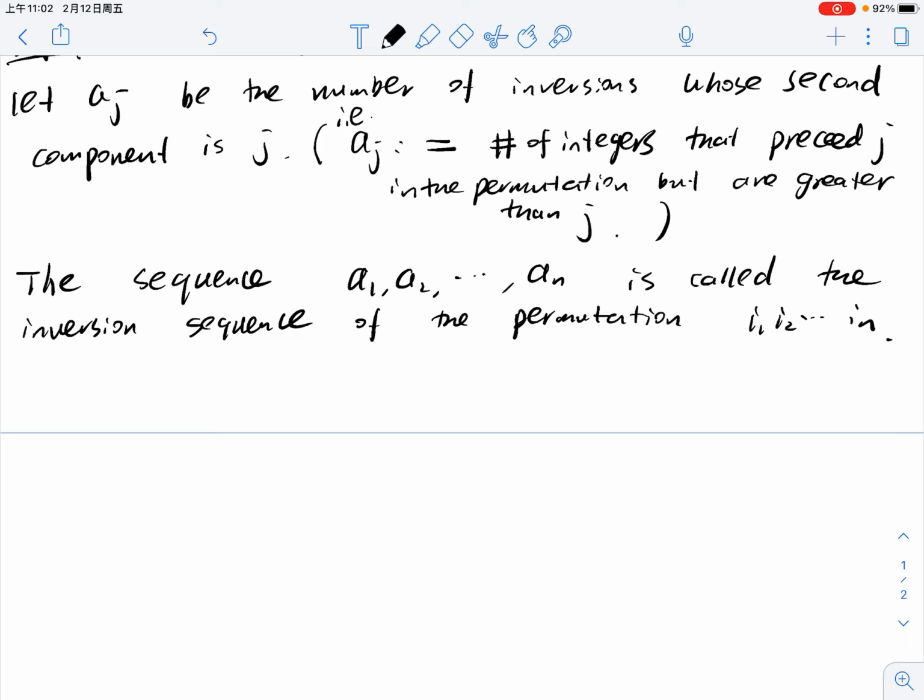And it's easy to see the summation of all the Aj is just the total number of inversions.